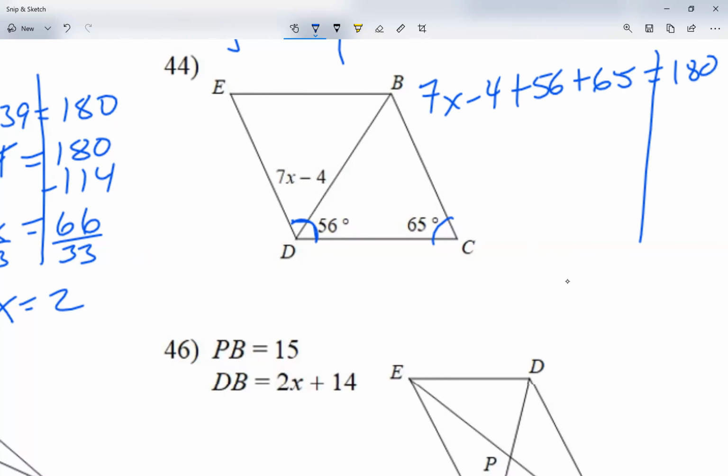Separate into the equal sign. Letter-wise, I just have 7x. Now, negative 4 plus 56 plus 65, that's 117. Or, yeah, 117. Let me see.